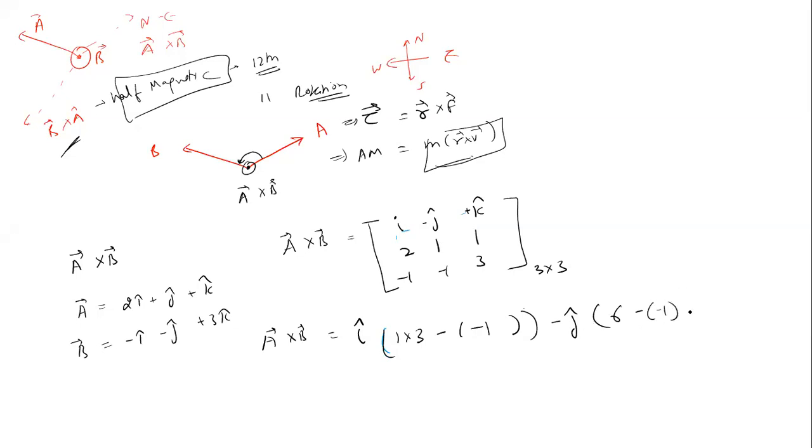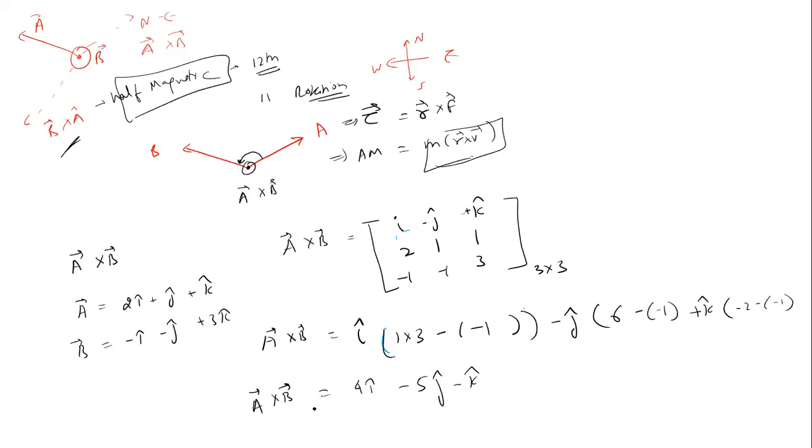Then we have a plus k cap, which means minus 2 minus of minus 1. So we are getting 3 plus 1, 4 I cap, minus 5 j cap, minus k cap. This is A cross B vector: 4 I cap minus 5 j cap plus k cap. Okay, fine, minus k cap.